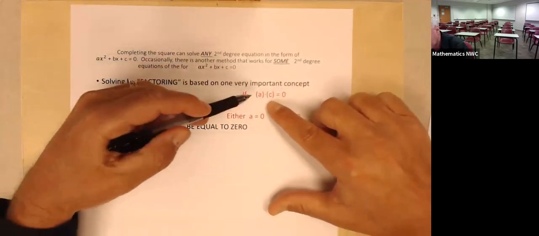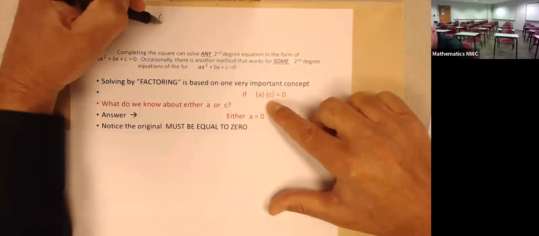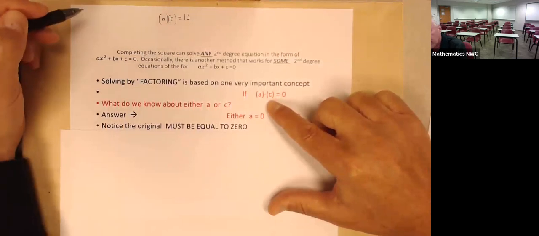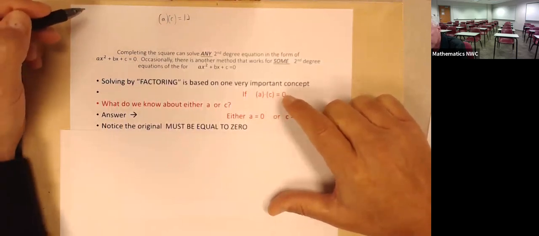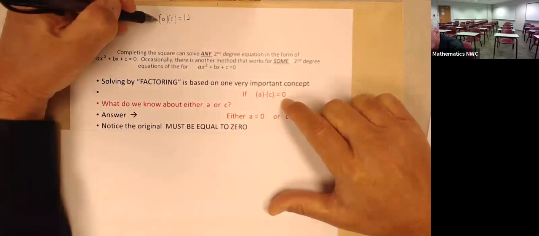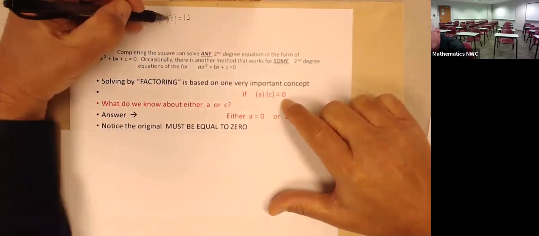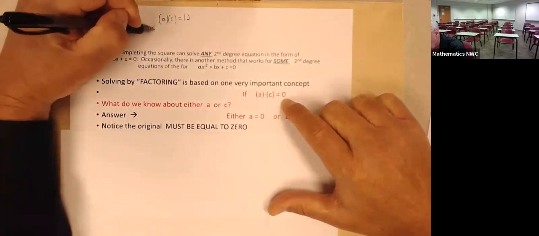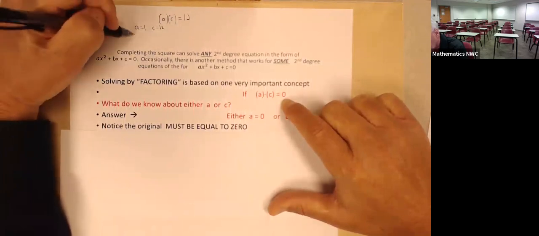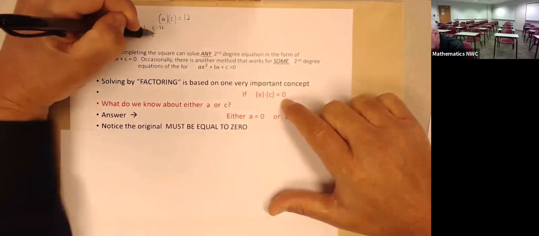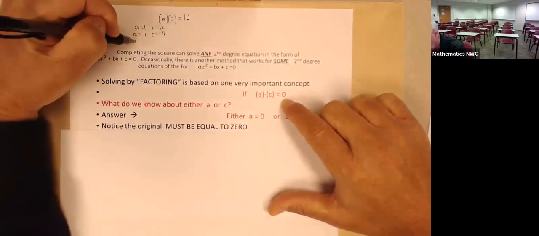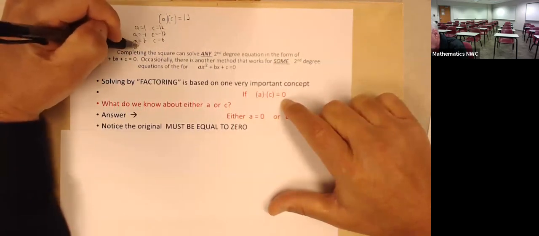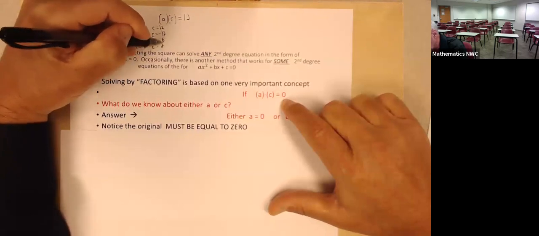The reason I say that is, let's go back here. Let's just say it's not equal to 0. Let's say it's 12 instead of the 0. Well, if it's 12, we're not sure what A and C have to be. A could be 1, C could be 12. A could be a negative 1, C could be a negative 12. A could be 2, C could be 6. A could be 6, C could be 2.